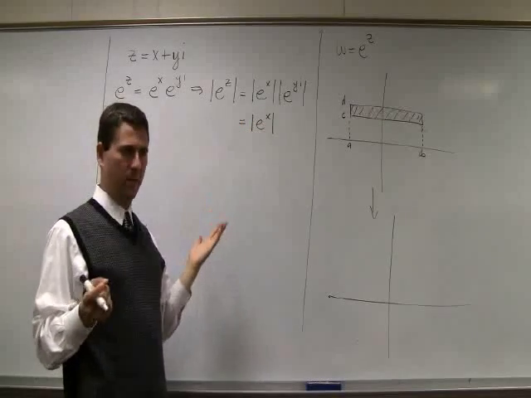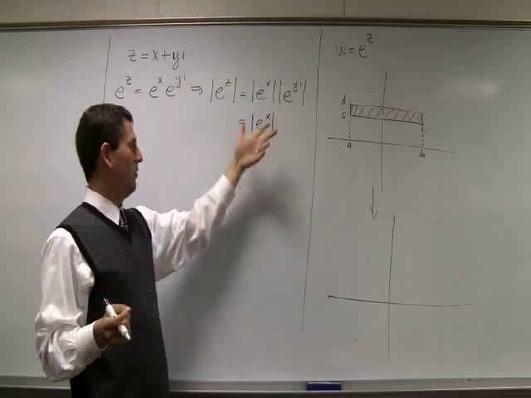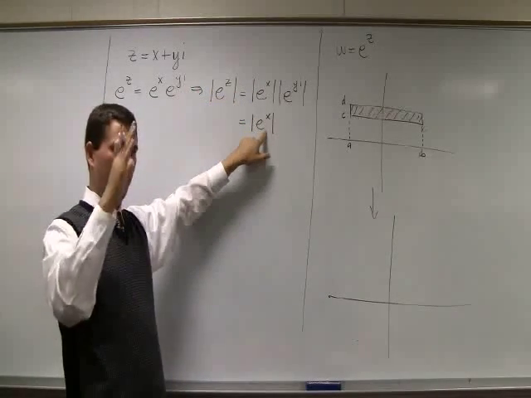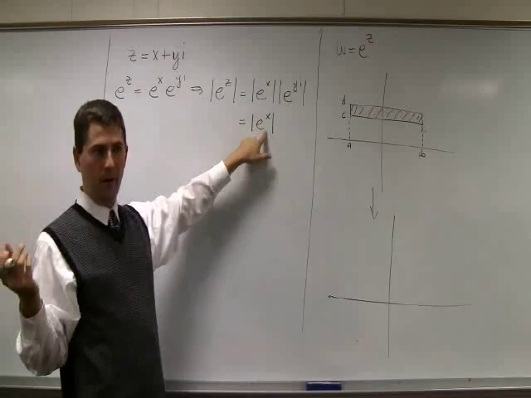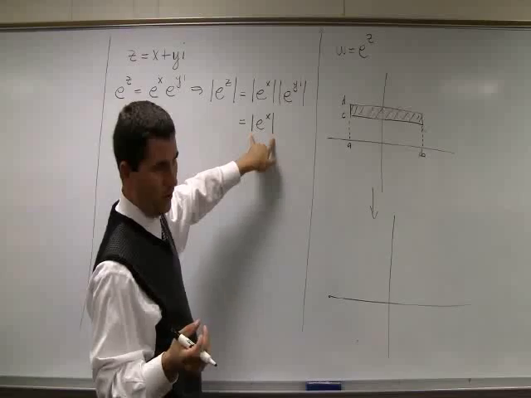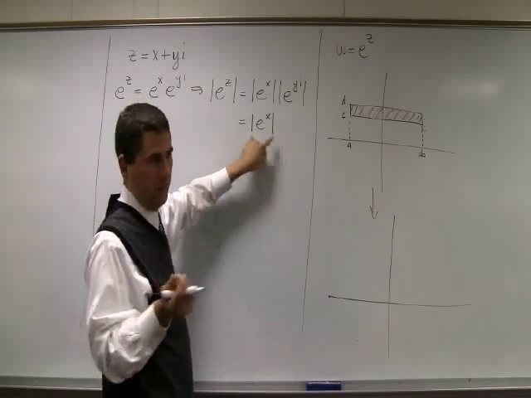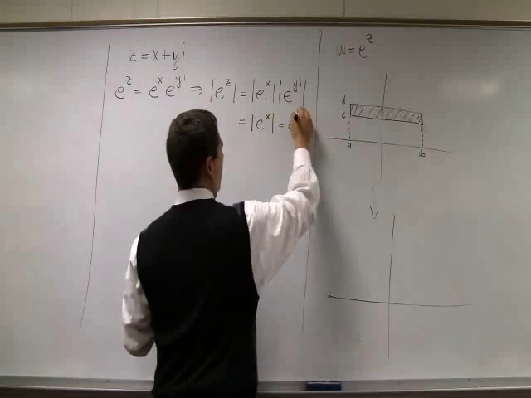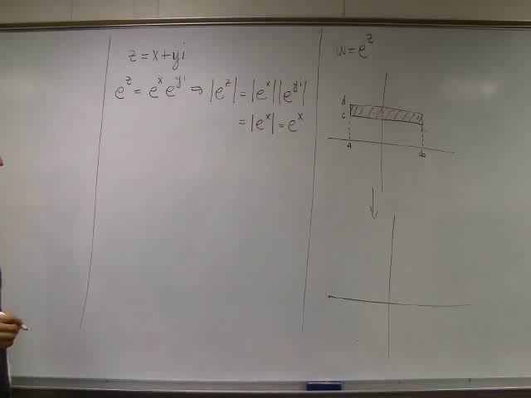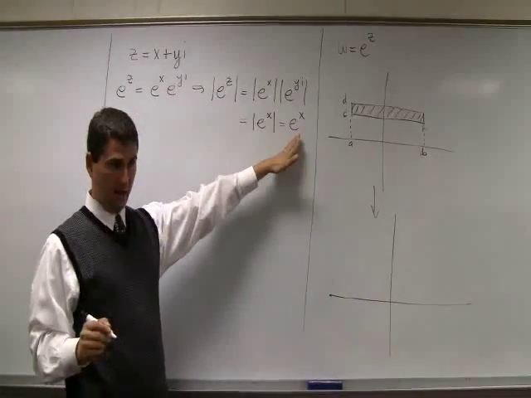But e to the x is just a real number, right? And so the norm isn't doing anything, because what's e to the x? It's always a positive real number, right? When you take the norm of a real number, it's the same as taking the absolute value. The absolute value of a positive number is just itself. So you actually just get e to the x. Okay, so the norm of e to the z is just actually e to the x.